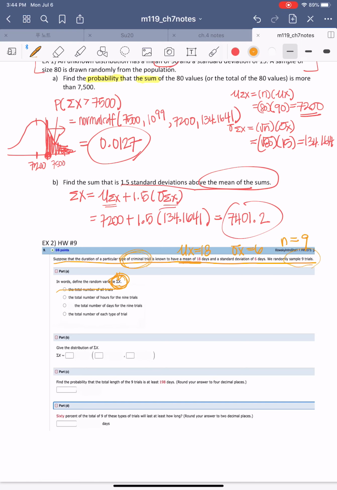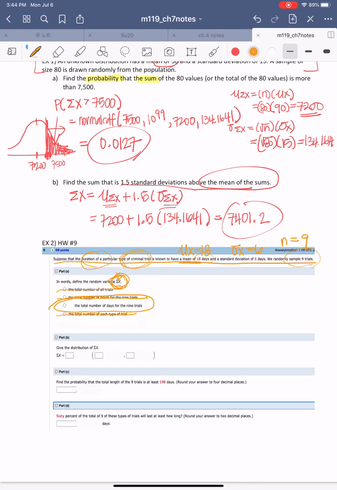It's not total number of hours, it was given in days, so it doesn't make sense to have hours. It's not the total number of types of trial. It just says duration. So it will be this one over here, total number of days for the 9 trials.